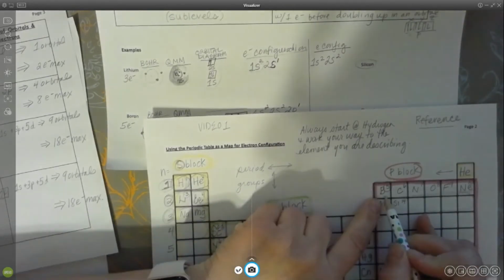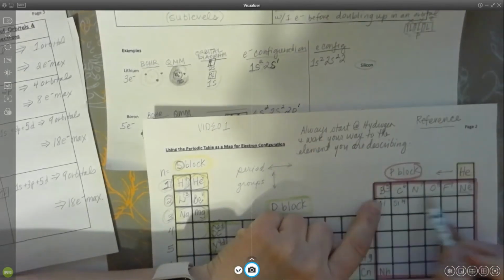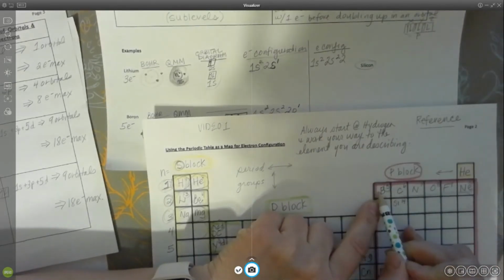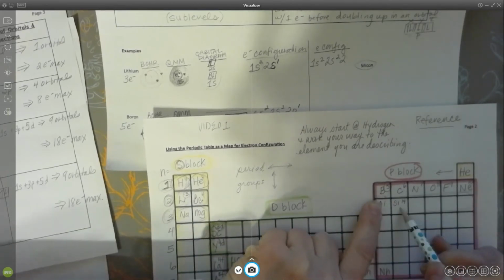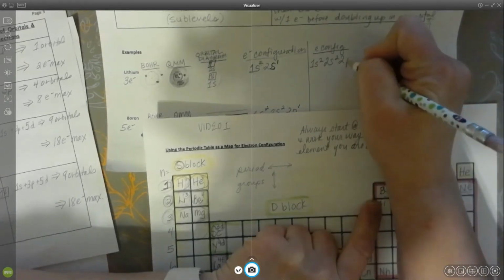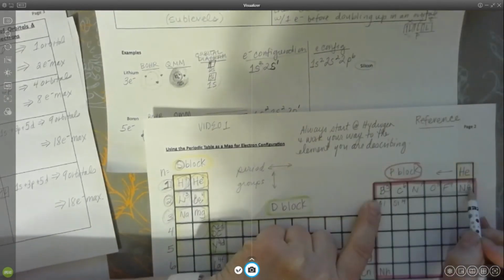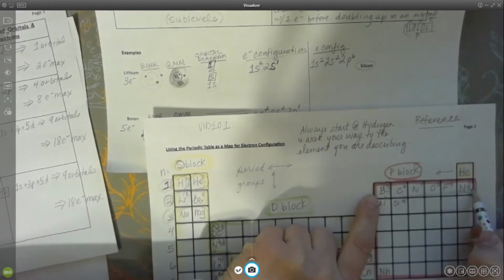Now I'm going to keep going. Now I'm on the second level, 2, but I'm in the p. If I go all the way to the end, I still haven't reached silicon. So 2p1, 2, 3, 4, 5, 6. And we know that a p sublevel can have up to 6 electrons. So now I'm at number 10.